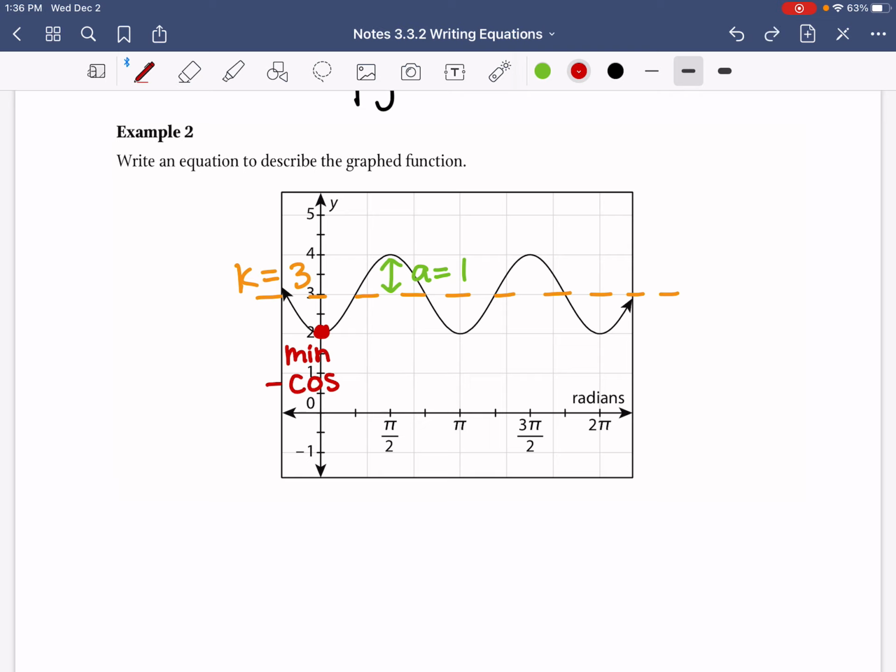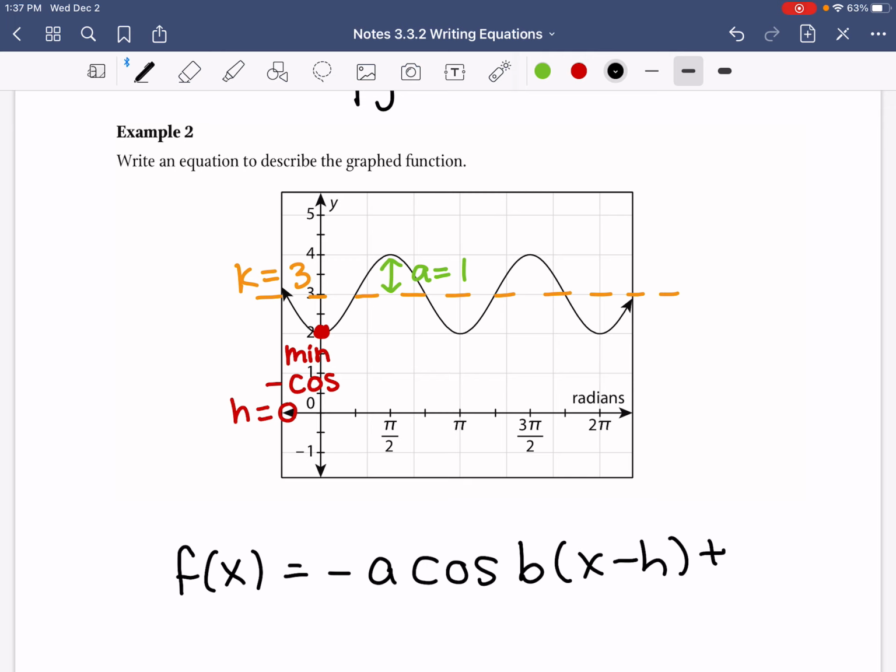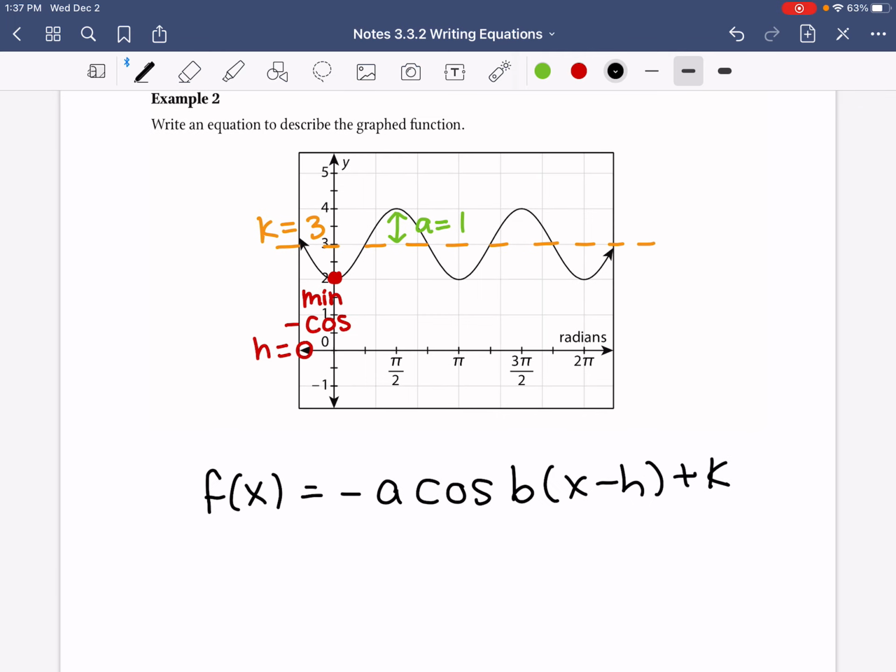So if I have a minimum, I could use a negative cosine and have no phase shift at all. So instead of a positive a, I'm going to use a negative a, and I'm going to use a cosine with no horizontal shift.